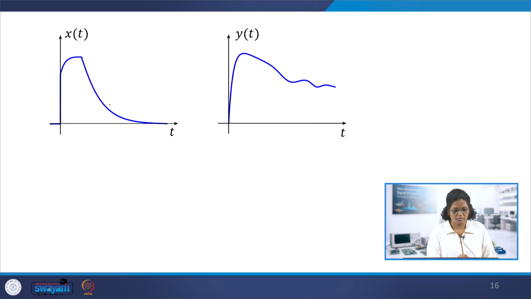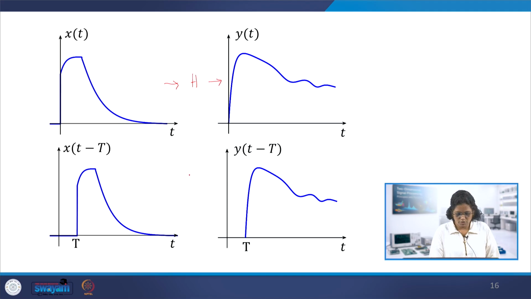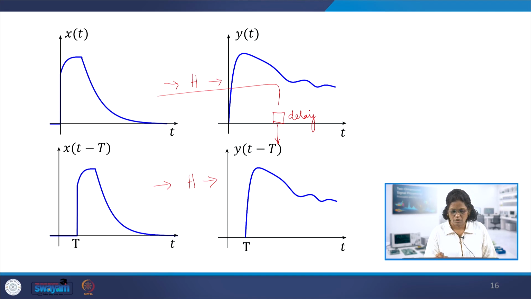So taking x of t as the signal, when you give it to H, the system, it gives an output y of t. Now if we delay the input and give it to the same system, the delayed input would produce y of t minus T. So x of t passes through the system to give y of t and then is delayed, or first the signal is delayed and then given to the system.